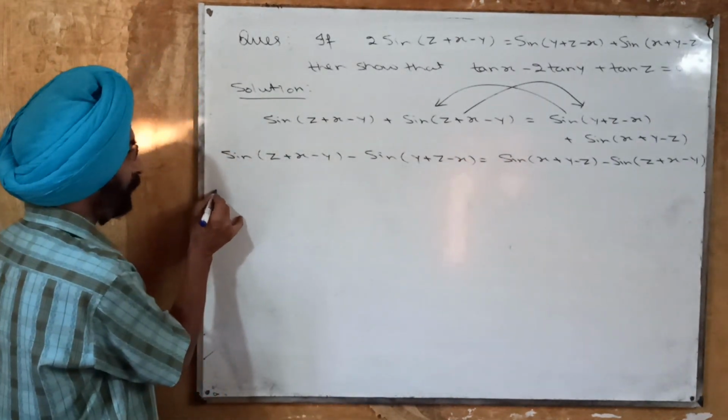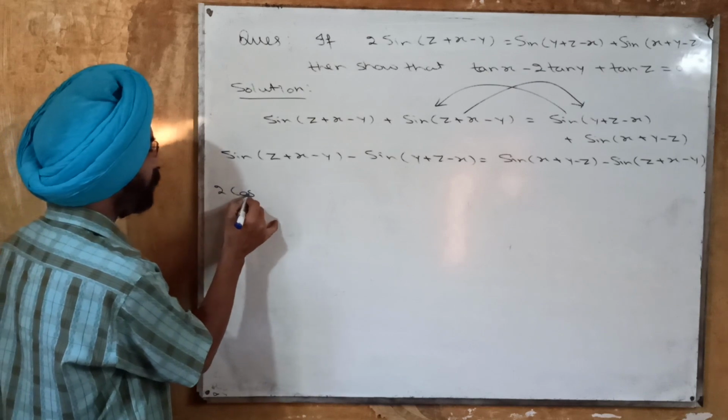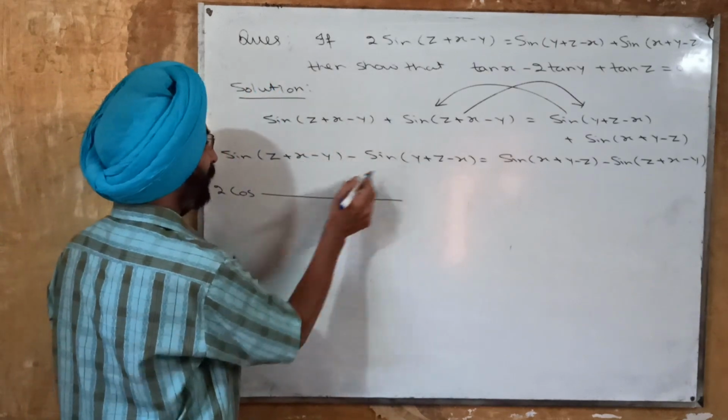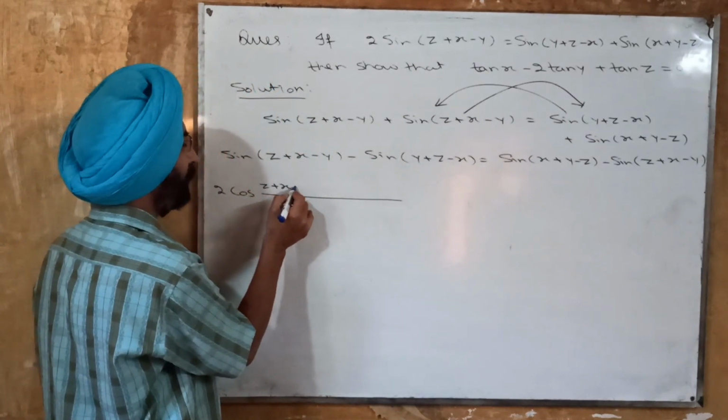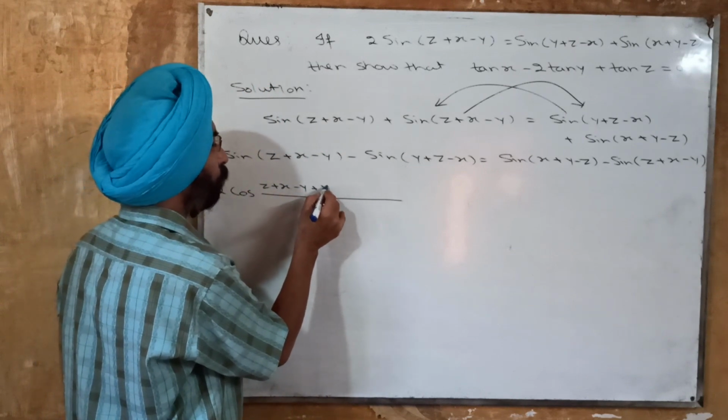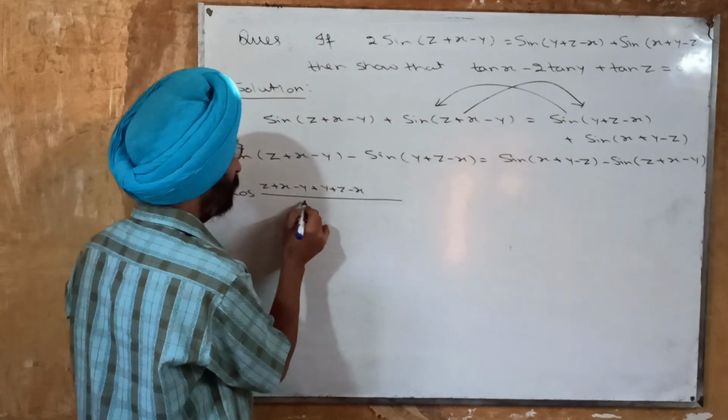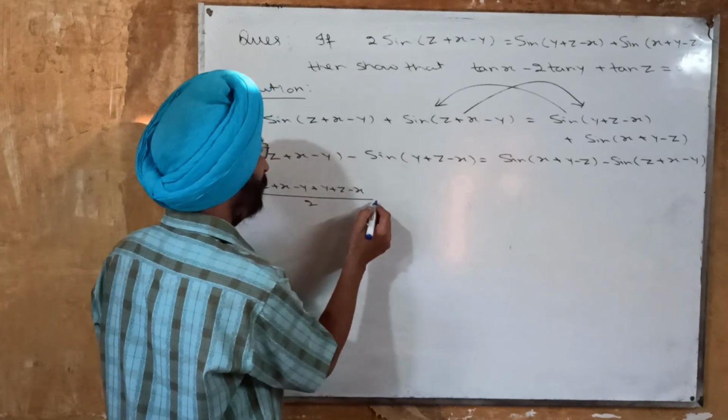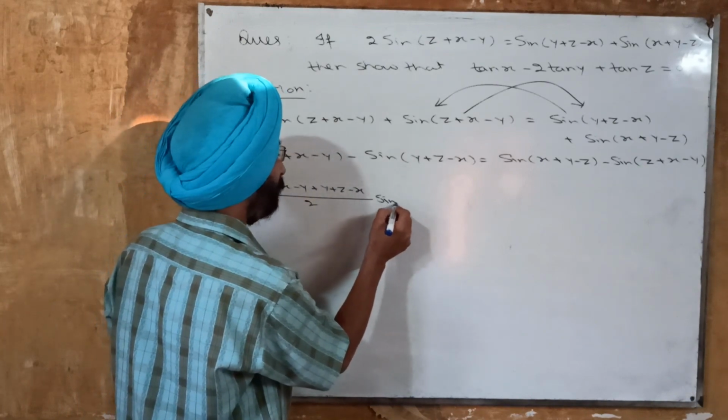Your left hand side will be 2 cos. Now sum of the angles z plus x minus y plus y plus z minus x divided by 2, and then sine.